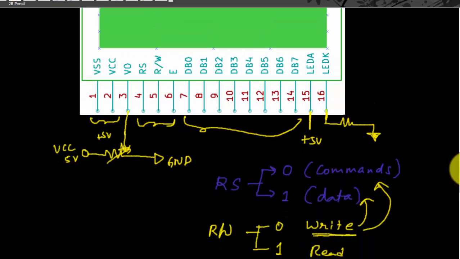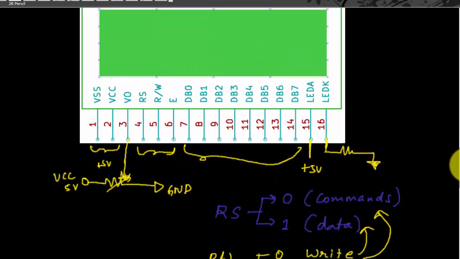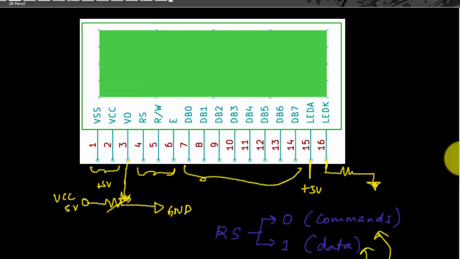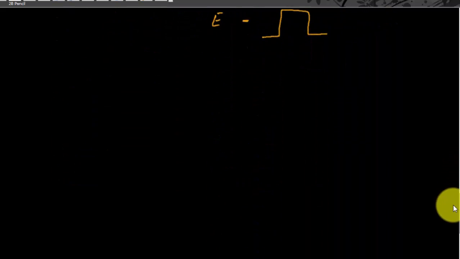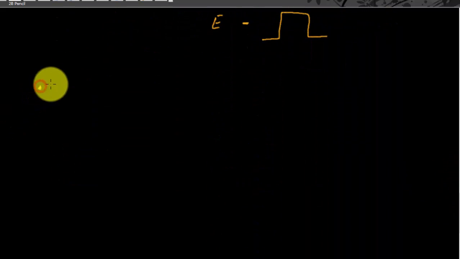Before we go ahead, I would like to tell you one more thing. If you look at this, the data lines are DB0 to DB7. Instead of using all the 8 lines, we can use only 4 of them. That mode, when we use only 4 lines, is called the 4-bit mode.